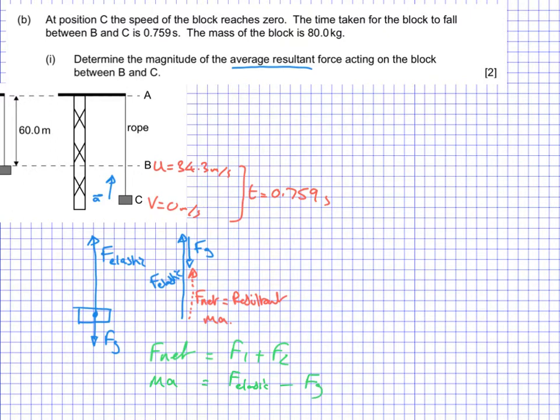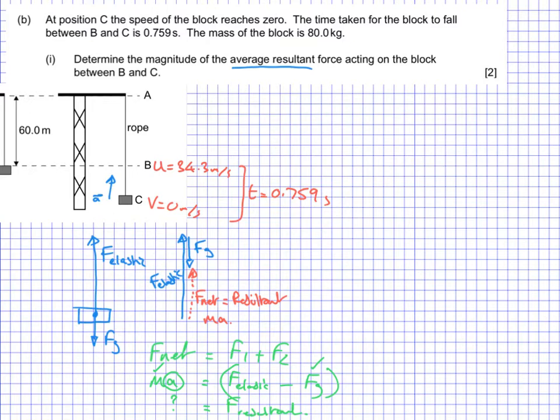So I know the mass, so I could work out Fg, but I don't know anything about this elastic force. However, I do know the mass, and it's possible for me to work out this acceleration, which means if I can get this acceleration, I can get this resultant force.